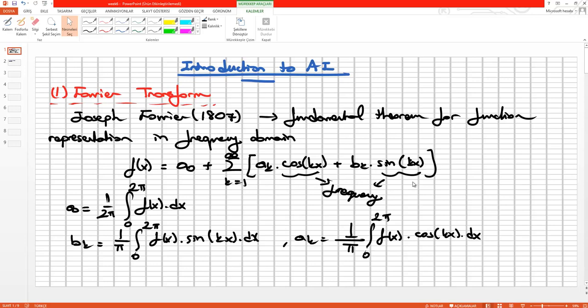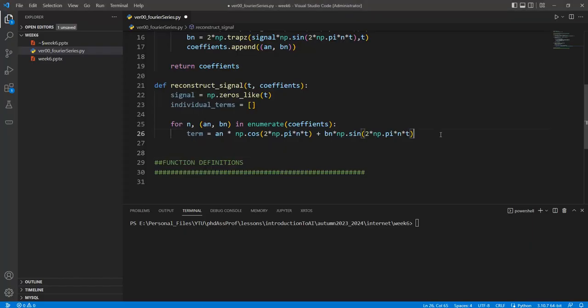The term is given in here. And what? Yes, I'm coming here, but we don't have the a0 in this case, because we don't have some bias value, okay?